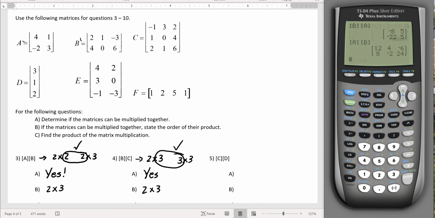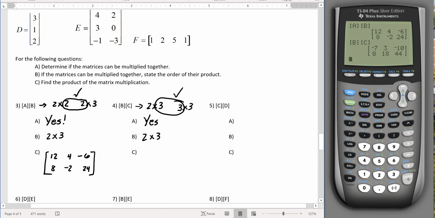Then I second quit, second matrix B, enter, second matrix C, enter. We get that 2 by 3 matrix as our product. Let's write this out.